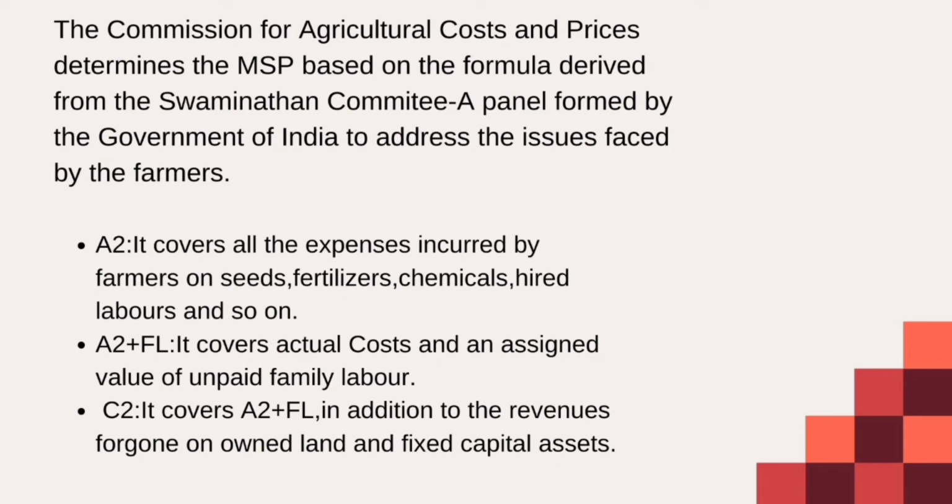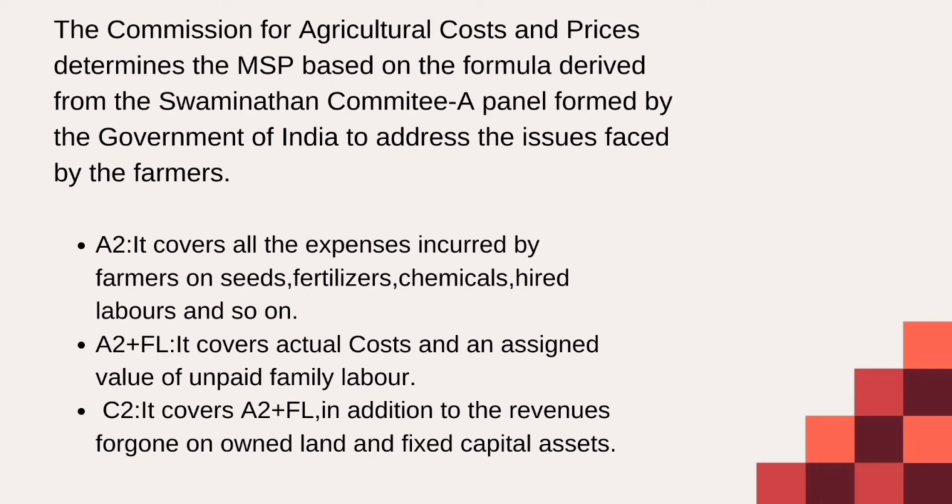It is an advisory board whose recommendations are not binding on the government. The CACP determines the MSP based on the formula derived from the Swaminathan Committee, a panel formed by the Government of India to address the issues faced by the farmers.